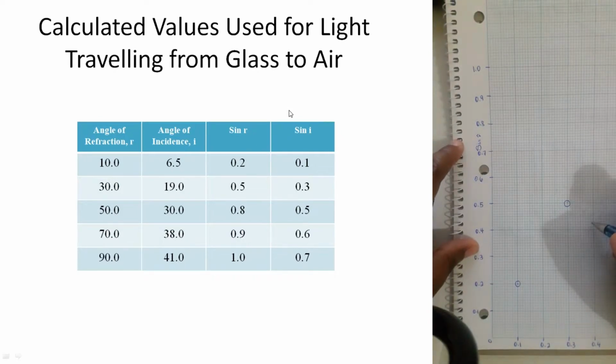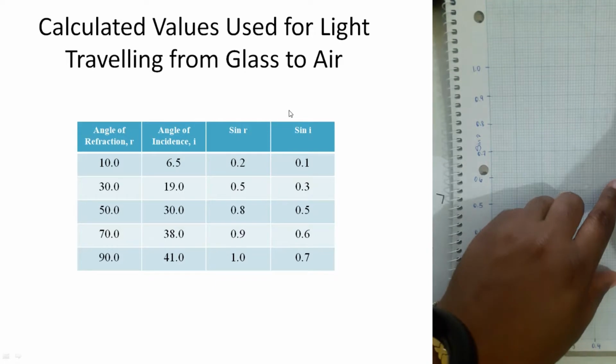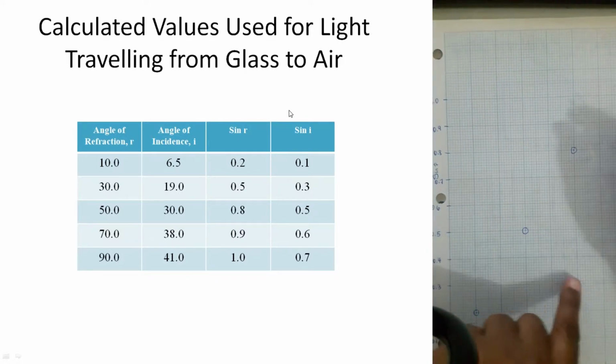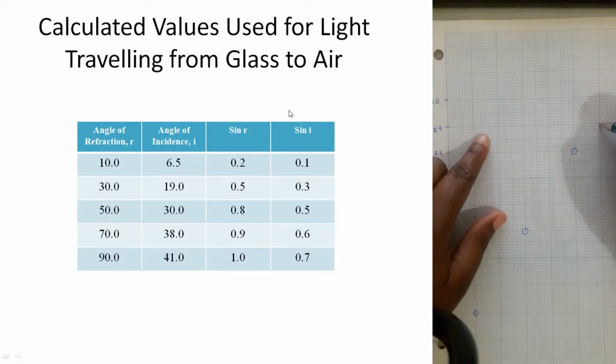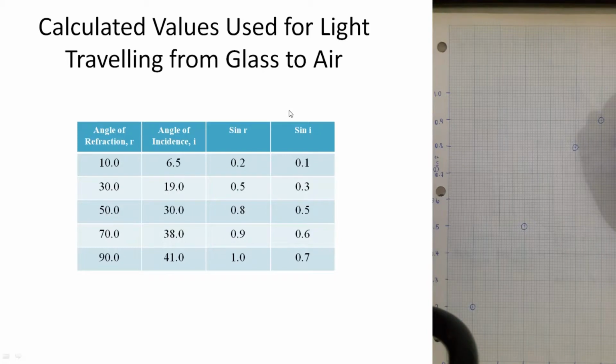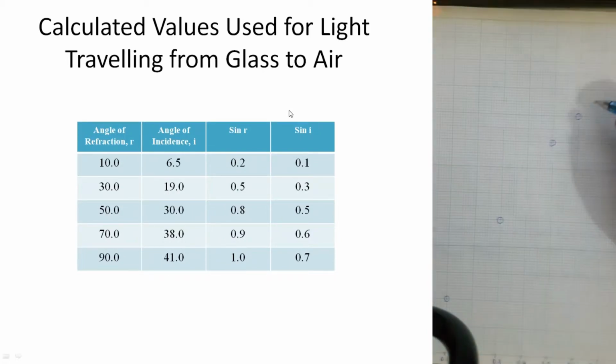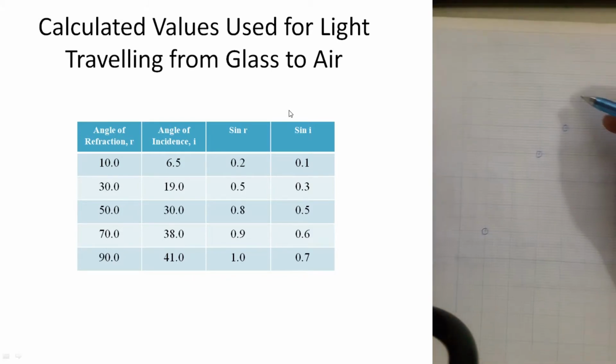When sine R is 0.8, we move into 0.5. So easy that this graph is. When it is 0.9, we have 0.6. And when it is 1, let's see.